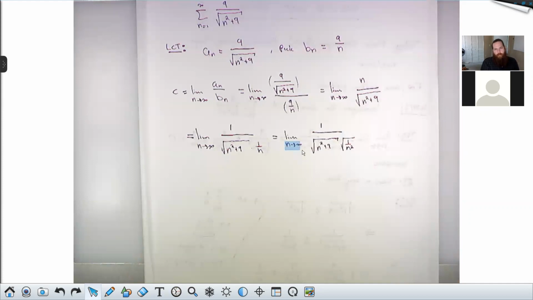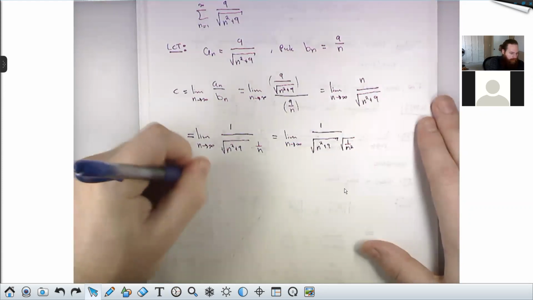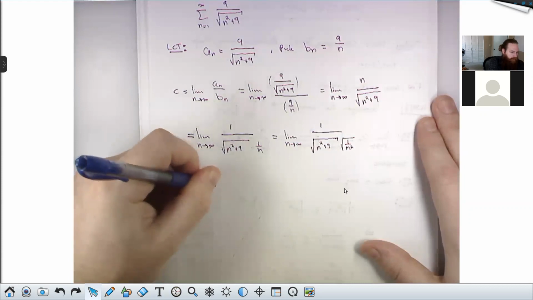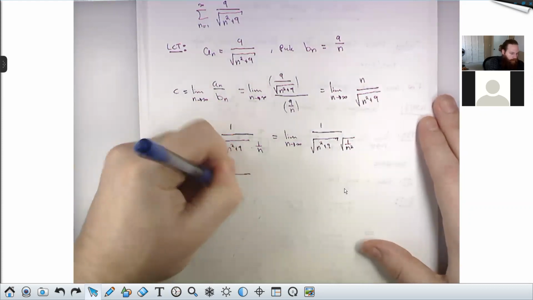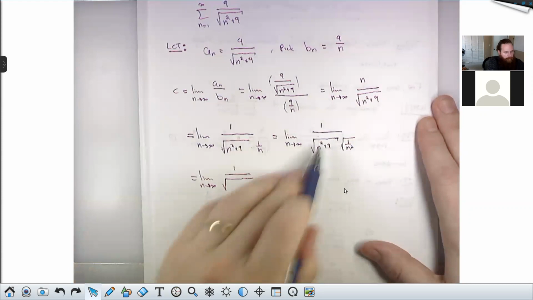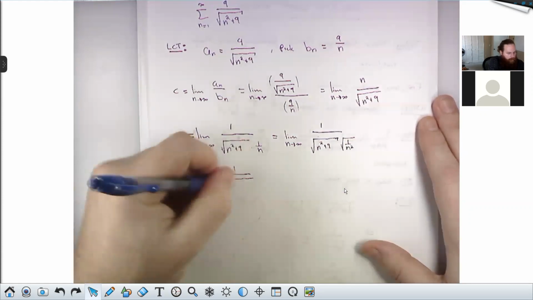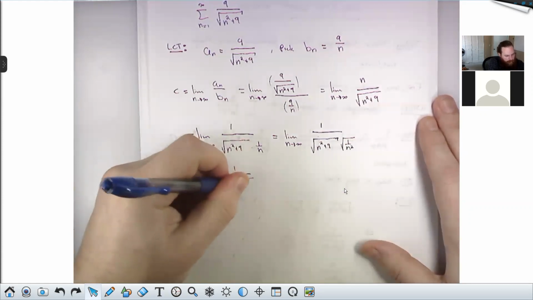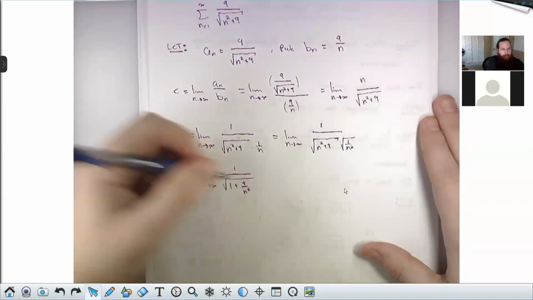And here n is going to plus infinity, so I'm definitely only considering positive values of n. This is the same as the limit as n goes to infinity of 1 over the square root of n squared plus 9 times 1 over n squared. That's 1 plus 9 over n squared.